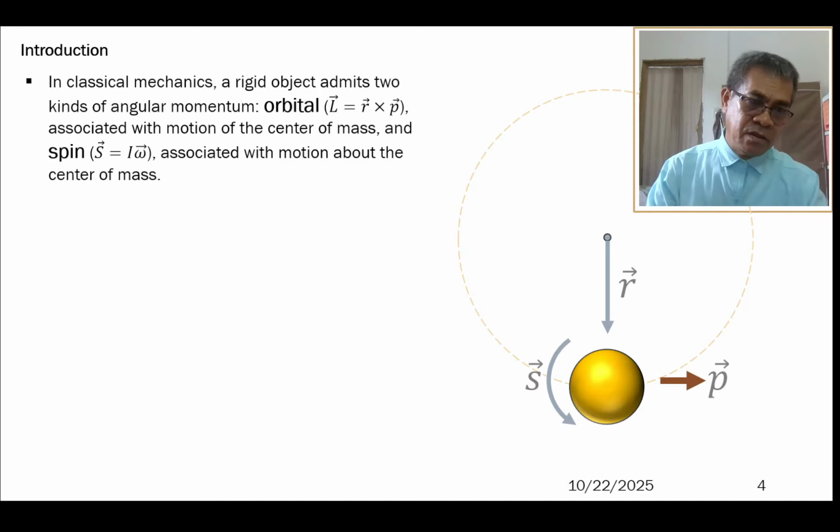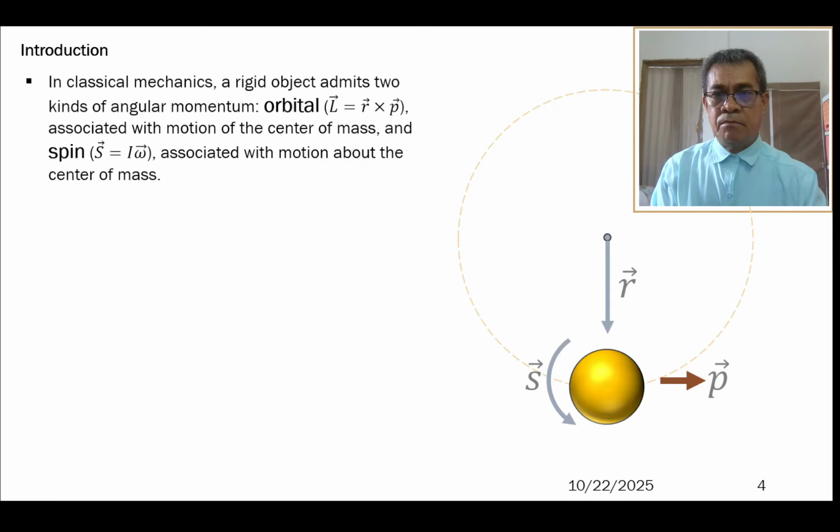So as the electron rotates around the nucleus, we have the orbital angular momentum, and at the same time, that electron rotates about its center of mass. We call that a spin, just like the Earth that rotates around the sun. While rotating, it also rotates with respect to its axis.